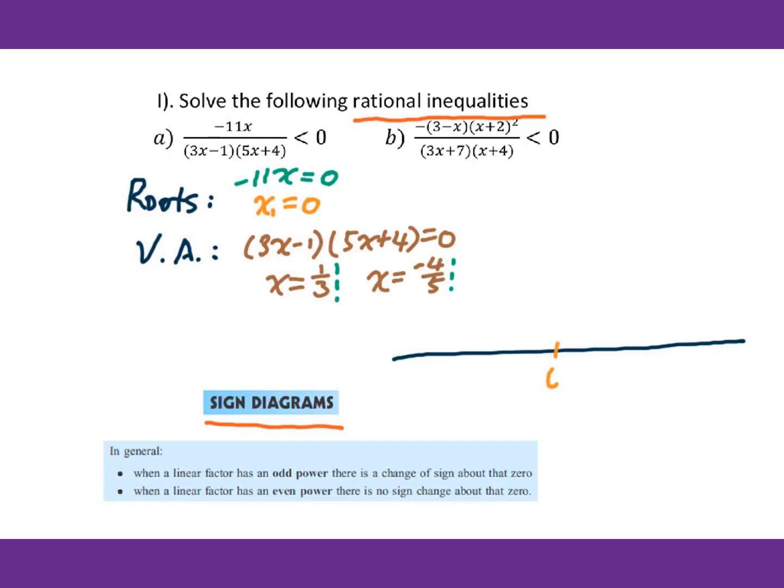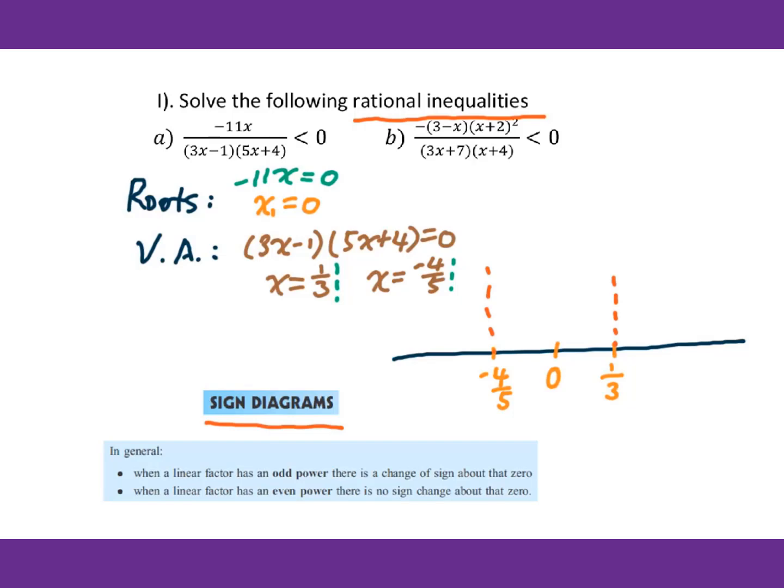We have 0, 1 over 3, then you have negative 4 over 5. For x equals 1 over 3, that's a vertical asymptote line. Negative 4 over 5, that is also an asymptote line.